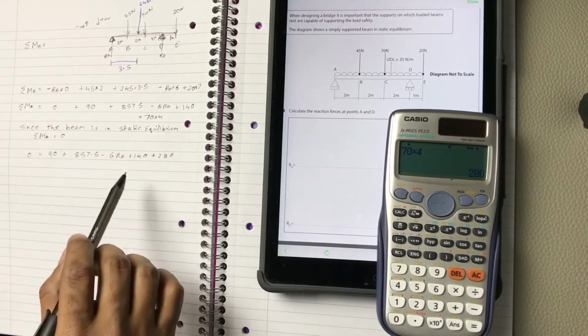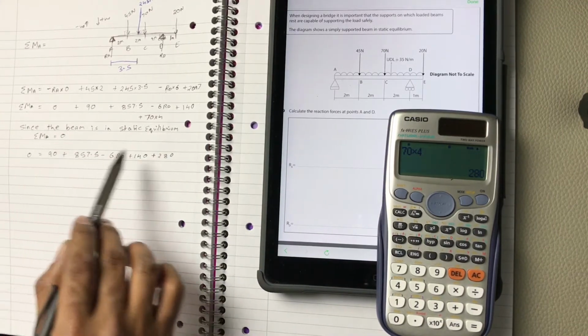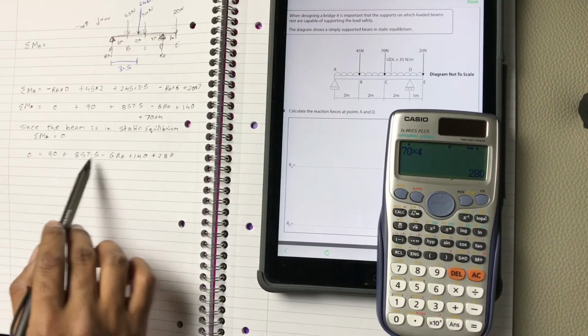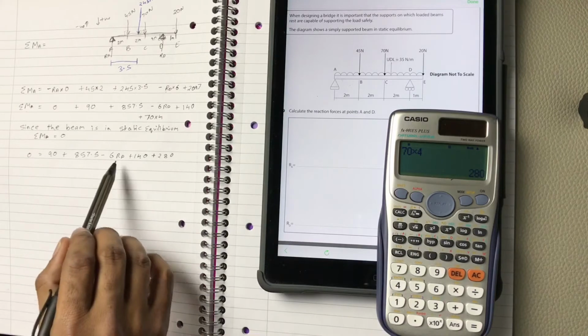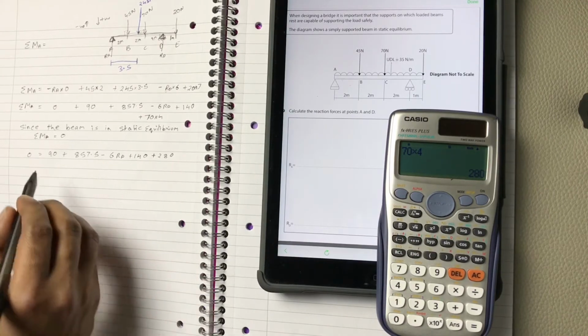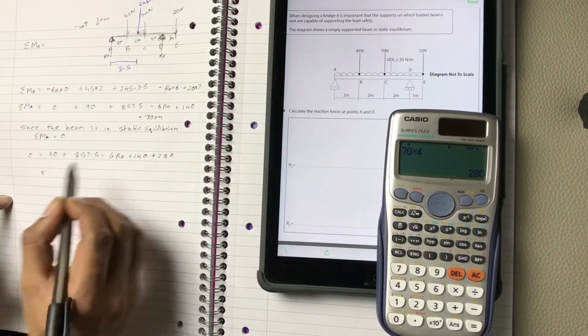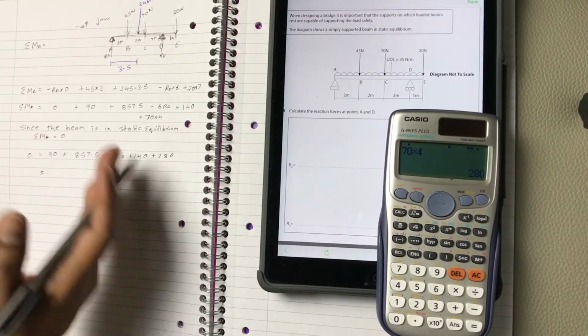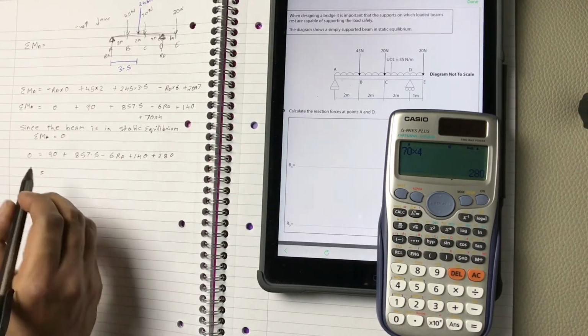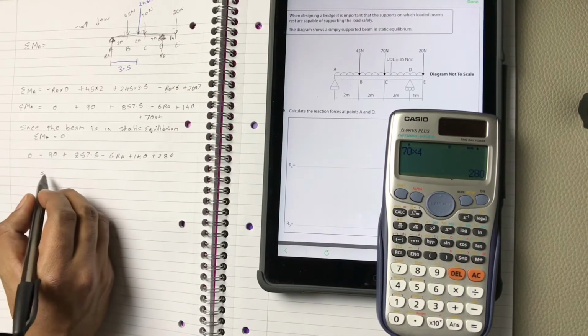Now what you see here is you have constant numbers and one unknown, and hence I can use this equation to find the value of RD. So solving for RD, making RD my subject, I'm going to get all the numbers on one side and unknowns on the other.